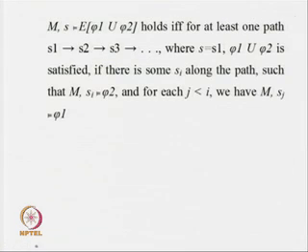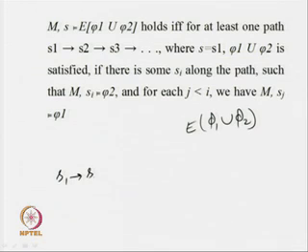Now, see another one: E phi 1 until phi 2. Again, we take any execution trace S1, S2, S3, S4, S5.